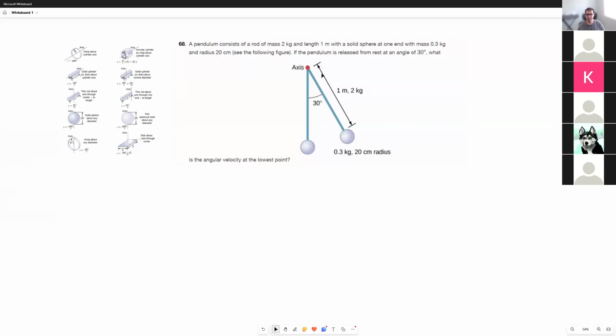Okay, Eric, you're gonna use the same strategy as before, right? mgy equals to half I omega squared. Exactly the same strategy as before. Then what are you gonna do for y and for I? Y is gonna be what? I is gonna be what?